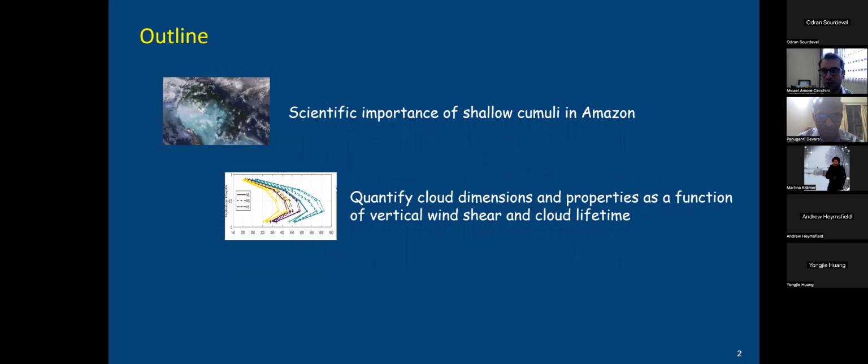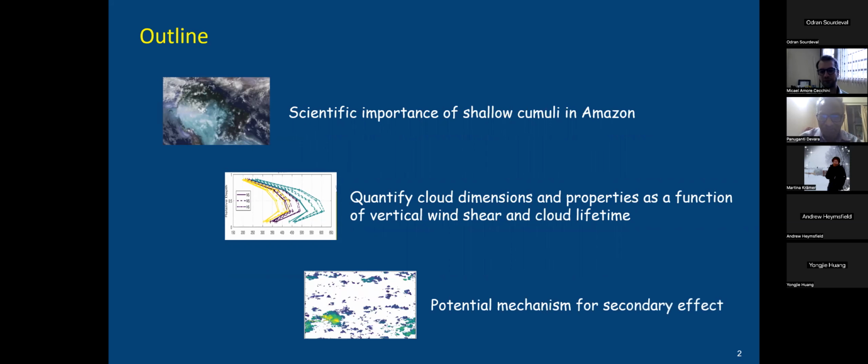But I never saw a paper that told me how much a cloud changes its morphology based on wind shear. So in this study, I was trying to quantify that to see how significant it is. And then later found out from this paper that there are potential secondary effects that wind shear causes on the cloud field as a whole. So I will just give more details as we go.